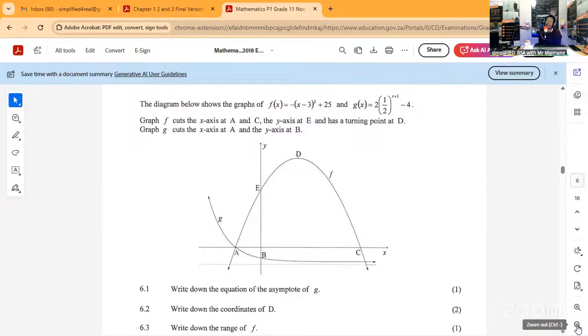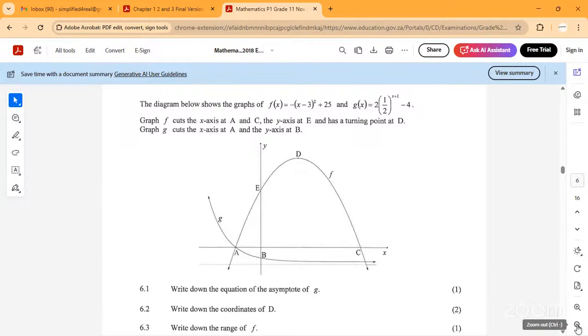Can you guys identify what type of functions we have here? Anyone? f of x and g of x, what type of functions are those? Anyone wants to try? Is it a parabola and a hyperbola?